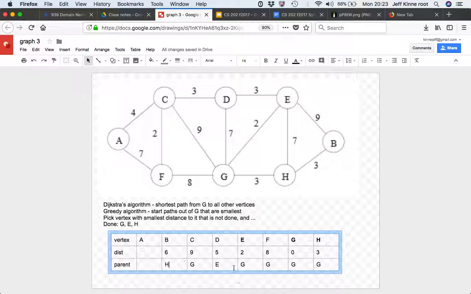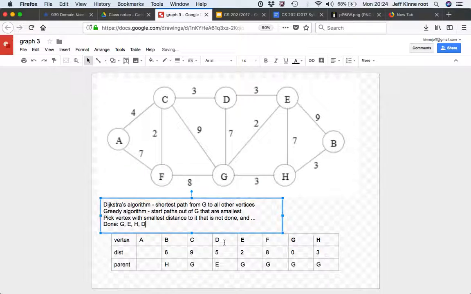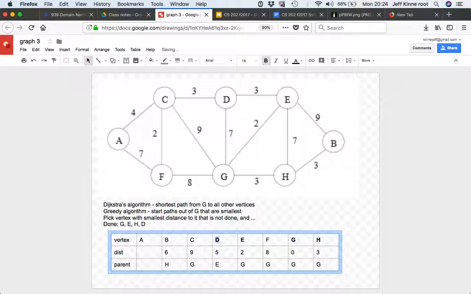The next smallest that we have is D with a distance of 5. And notice that's not this edge, it's this path here. So D has a distance of 5. We're going to look at its neighbors. If we look at C, we could get to C by going through D. We can get to D with 5 plus 3, so that's better than what we had.